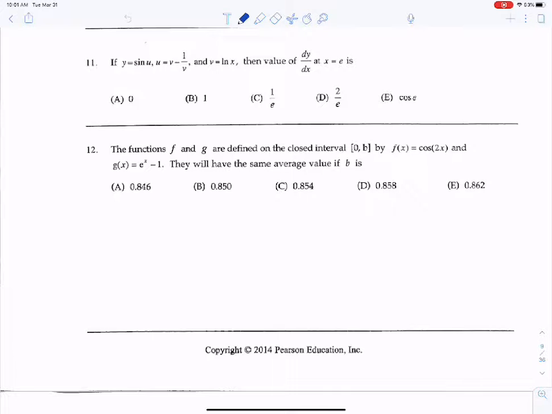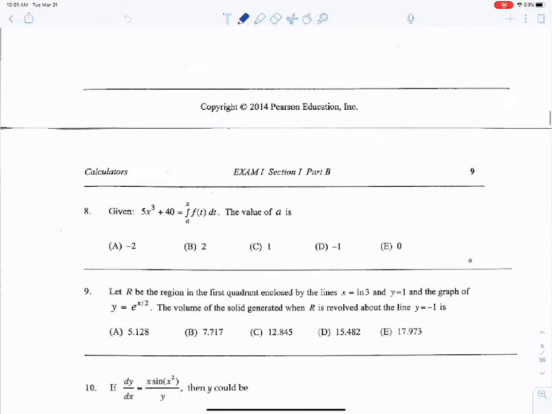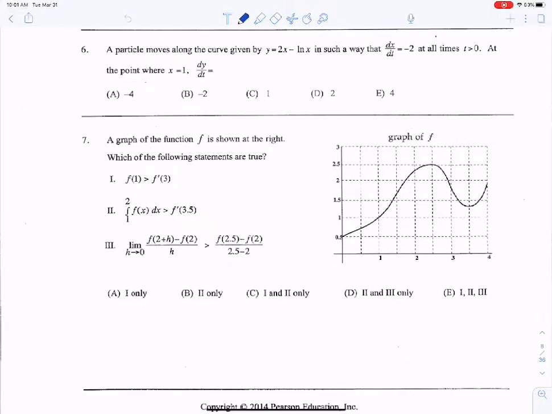Oh, it's on part B? It's not a 3, it's a B. It's on part B, but the third section. Oh, I see what you're saying. Okay, so let me look at number 7. So we're just looking at number 7. Is that what we mean here?